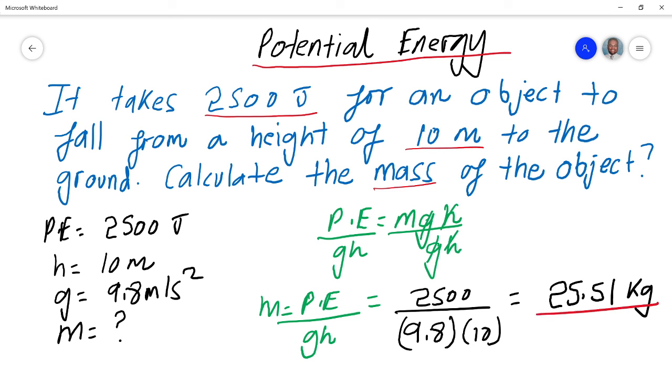And that's how you calculate your mass. So three things you need to remember when you're solving basic questions involving potential energy. Write down what information is being given, write down the potential energy formula, and if required, make some algebraic manipulations or change the subject of the formula to get your m. So in this case, you needed to get mass and then substitute to get to the right answer.